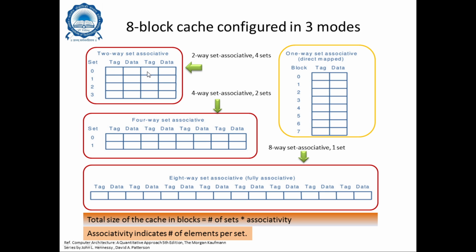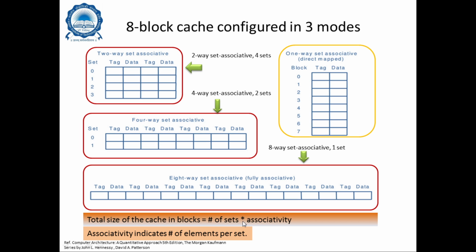So as you can see, each element is a tag and data, and the next one is tag and data in set number 1. Then you have set number 2 and set number 3. So there are 4 sets, and each set has 2 elements, each a combination of tag and data. The total size of the cache in blocks can be generically represented as the number of sets multiplied by the associativity.